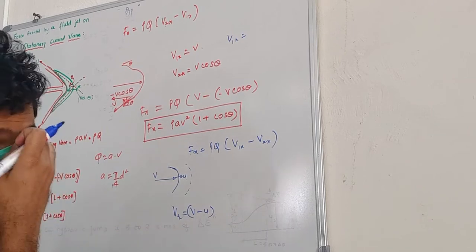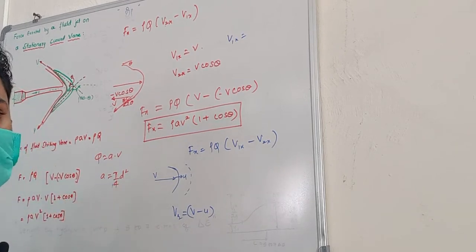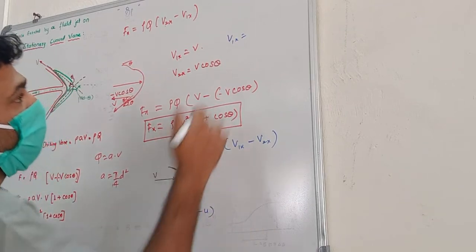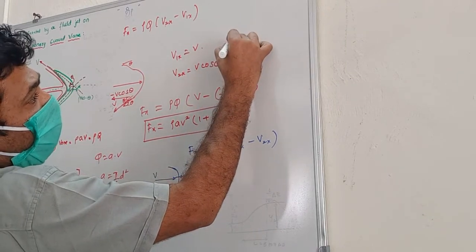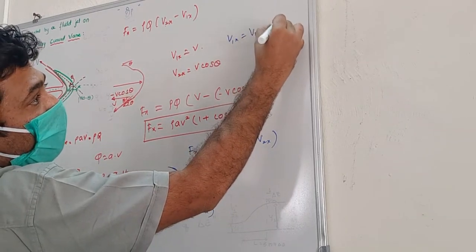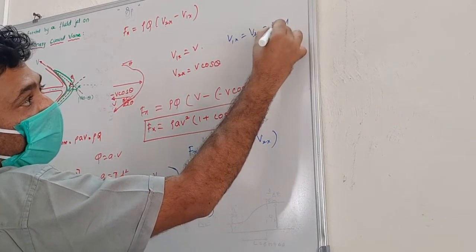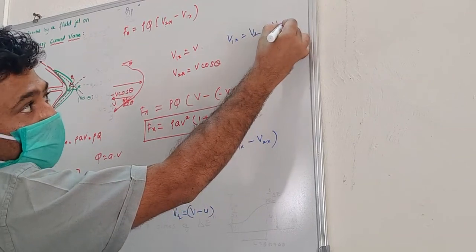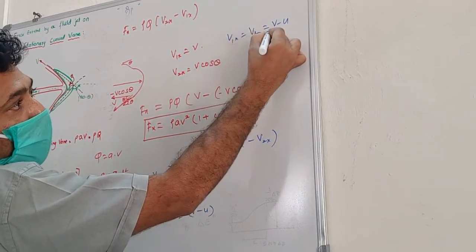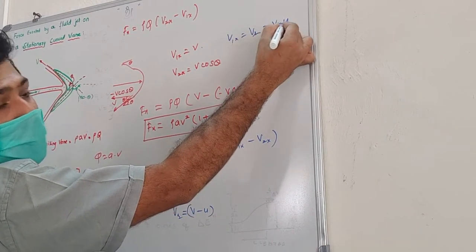What we have to consider here is also the velocity with which the vane is moving. This vane is moving with a velocity called u, right? So here v1x is nothing but Vr. What is Vr? Vr is nothing but v minus u. V is the velocity of the jet, u is the velocity of the moving vane. So v1x equals Vr equals v minus u.